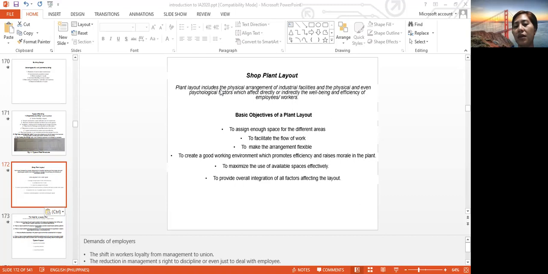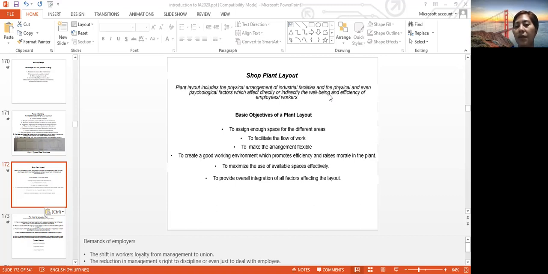And of course, like what I said a while ago, they will be aware of the different departments inside that working station. And of course, it affects directly or indirectly the well-being of those individuals that are part of that particular shop.